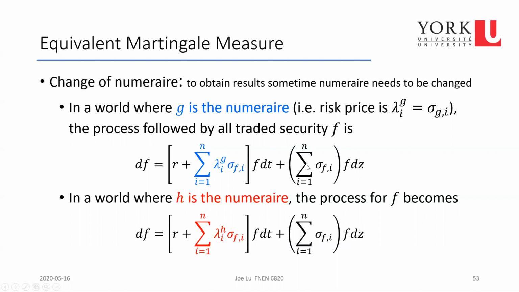Now, if you look at it, this part is all the same under both. So the difference between these two processes really happens here at the drift part of it.